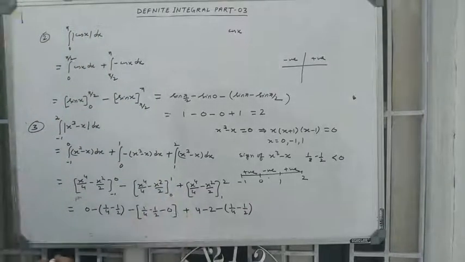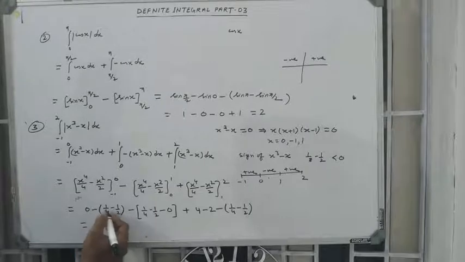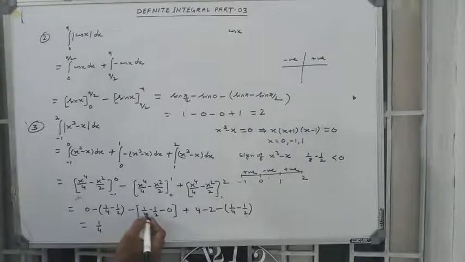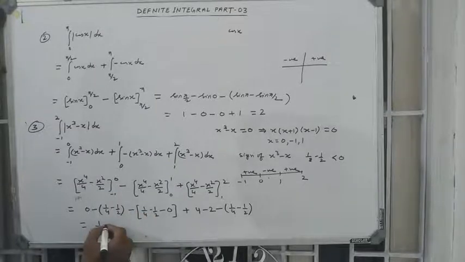After that, you have to simplify this result. This is minus 1 by 4 and 1 by 4. And here minus 1 by 2 plus again minus 1 by 4 plus 1 by 4, plus 1 by 4.